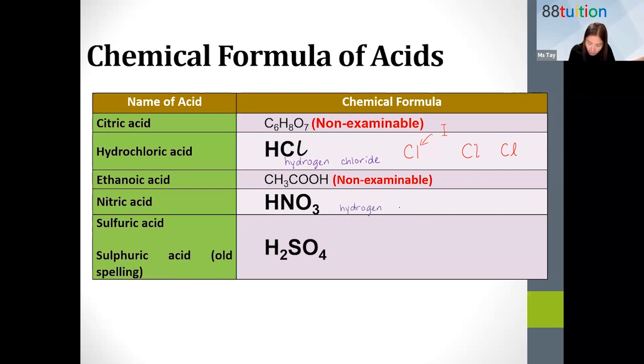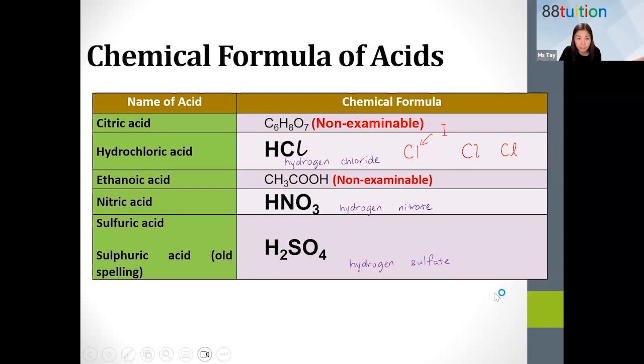HNO3, hydrogen nitrate, and then H2SO4, hydrogen sulfate. So these are the alternative names. Sometimes they purposely write it this way to really test your understanding, whether you know that it is actually a representation of each of the acids.